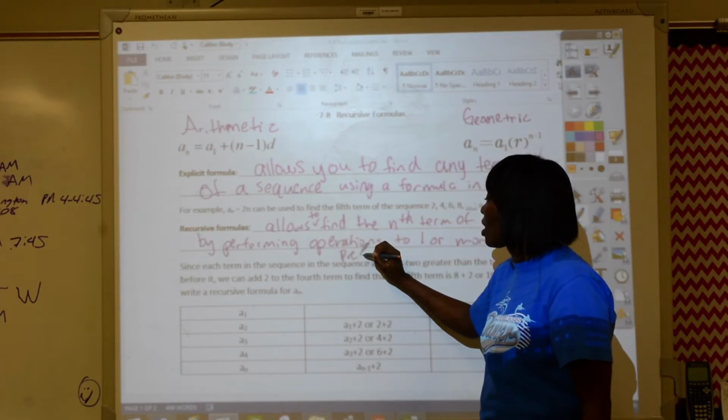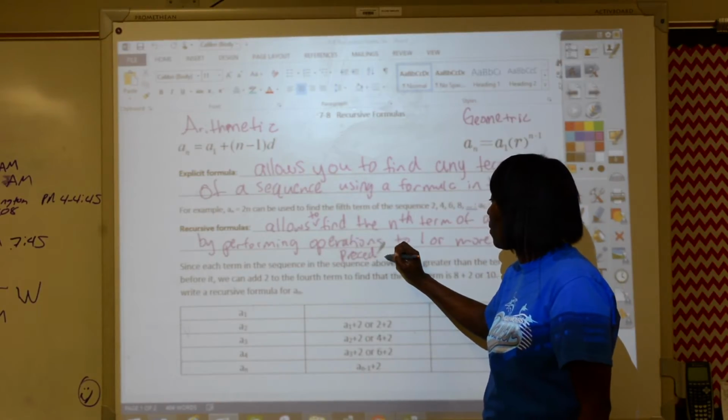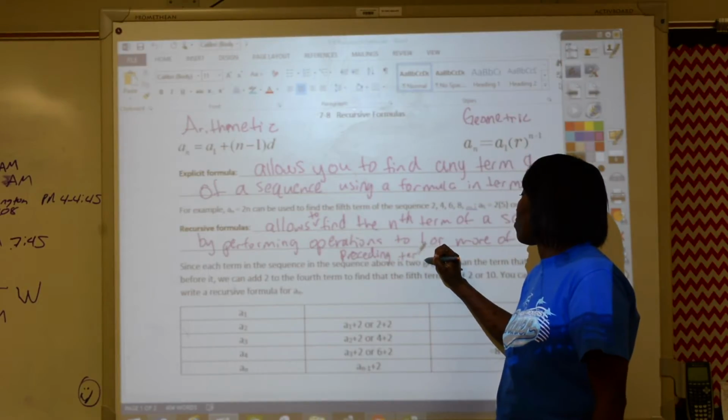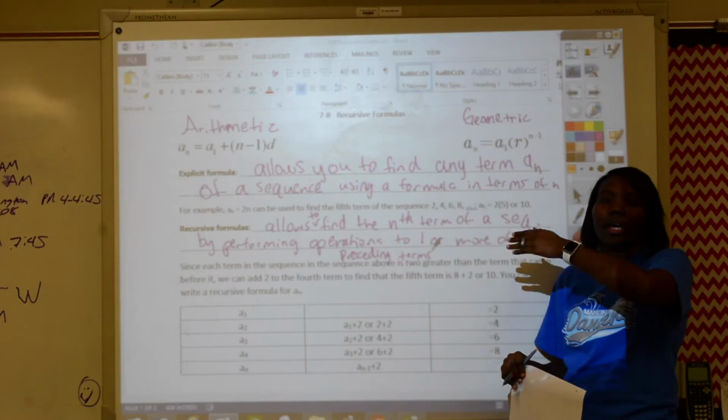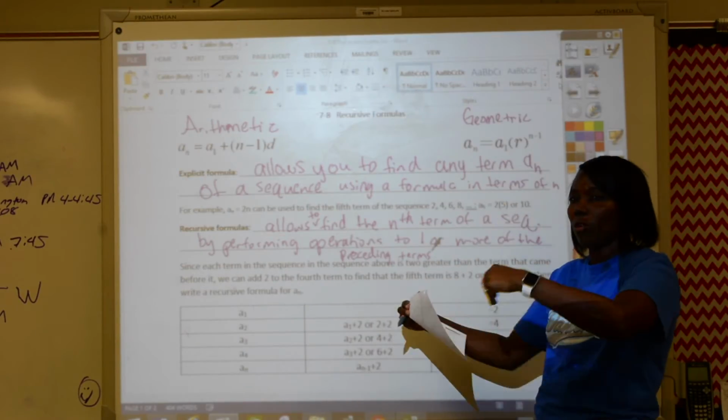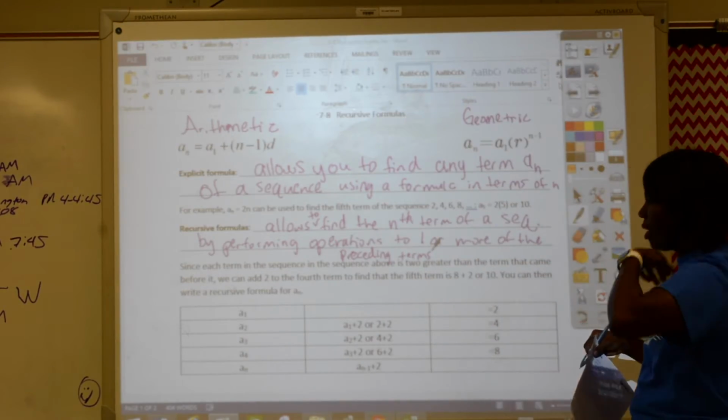So if you remember yesterday, we talked about how we went backwards with the n minus 1, how when you subtract 1, it takes you to the one before, so it's still the same concept.